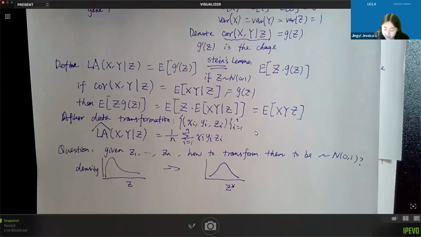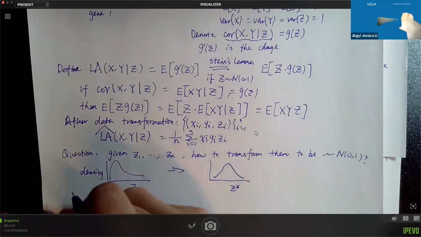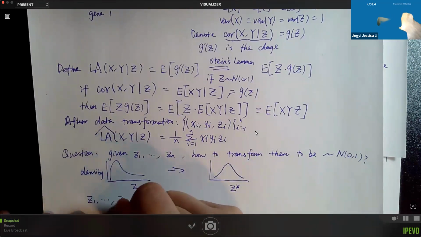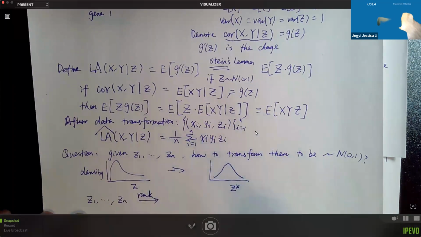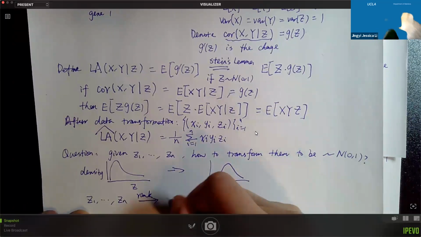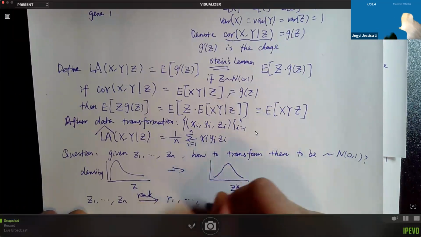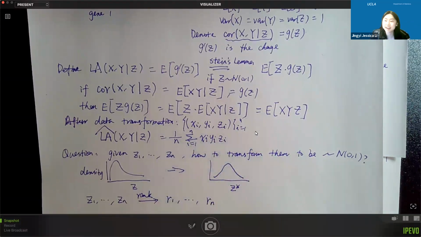So the first idea is that we'll record the ranks of our data. So let's say we get the ranks. The smallest will be ranked as 1, the largest will be ranked as n. We record those as R1 to Rn. That's the first step.